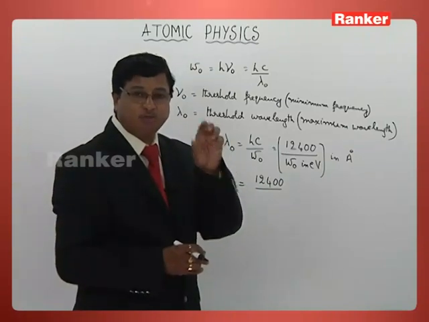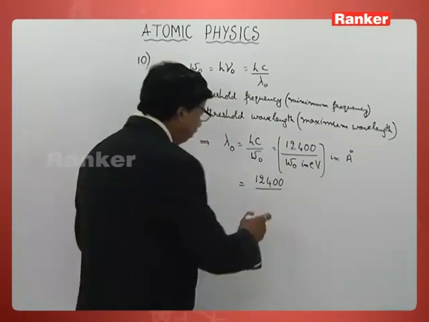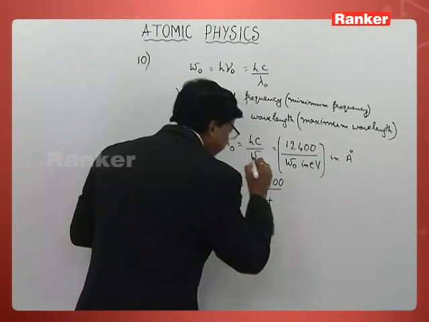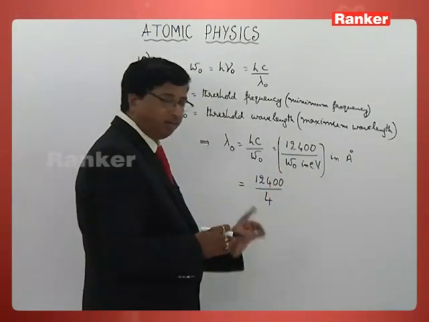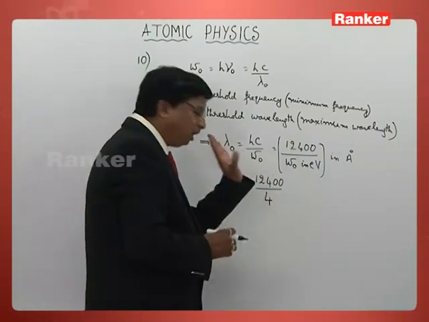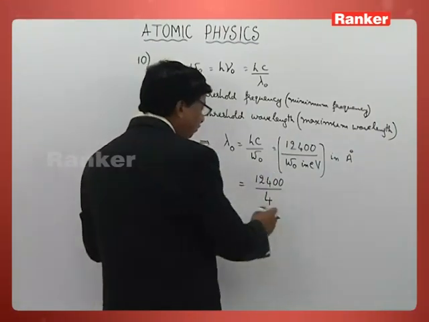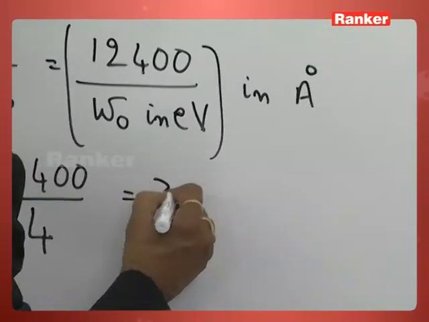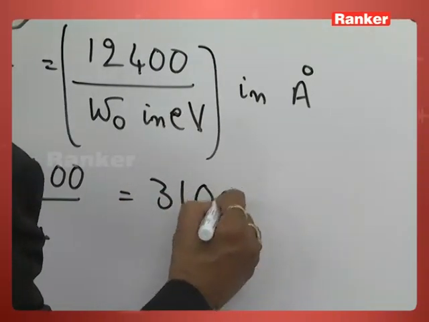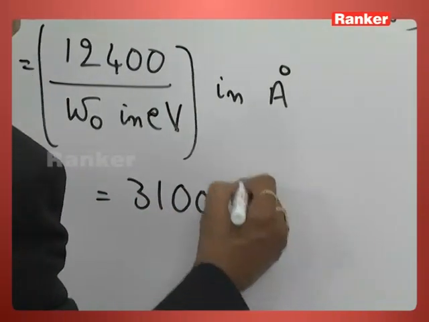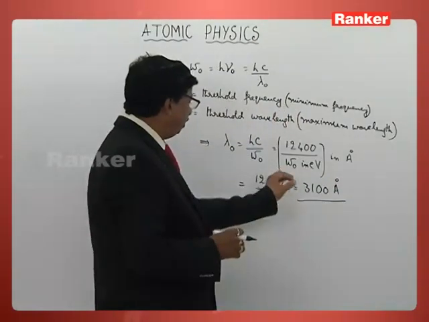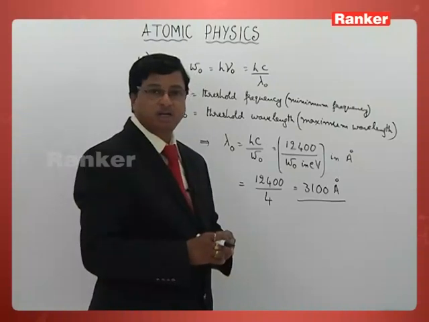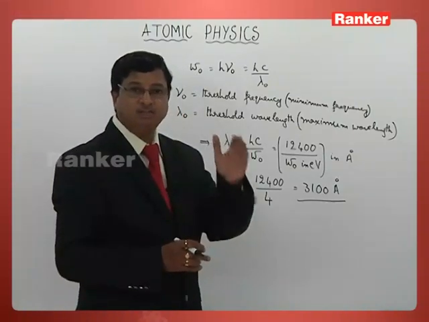It is given 4 electron volt. Write directly 4. Don't convert that into joule, I said, therefore take 4 directly in electron volt. So what happens to this? You will be getting 3100 angstrom units. 3,100 angstrom units we are getting for the wavelength of the incident photon.